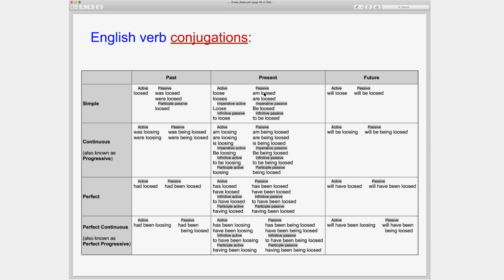So the will makes it future. Have been, well, have makes it something that's completed, but in progress, the been part. If you can get that. This is English, so that's why I focus on the English first, so that you can understand the concepts.